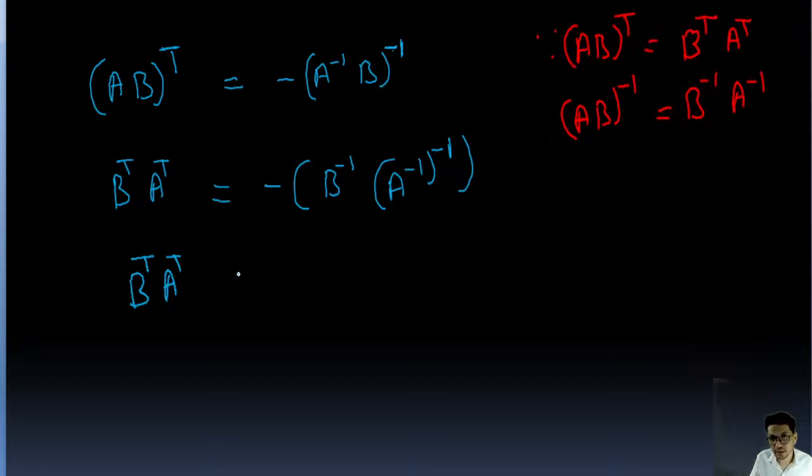And this is going to be equal to minus B inverse A inverse inverse, and inverse of A inverse is A. And here it is given that B is orthogonal.